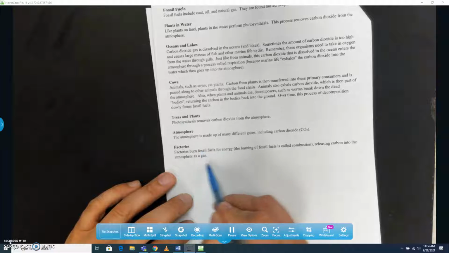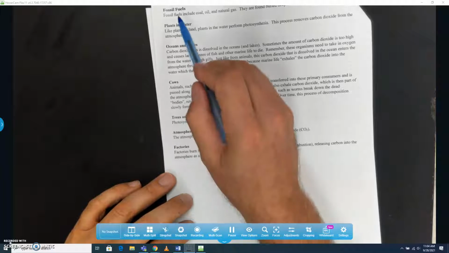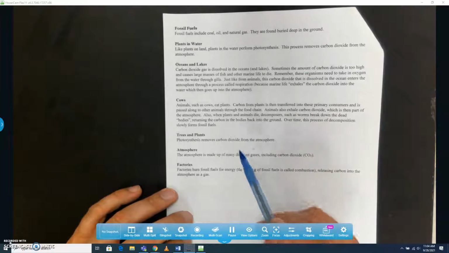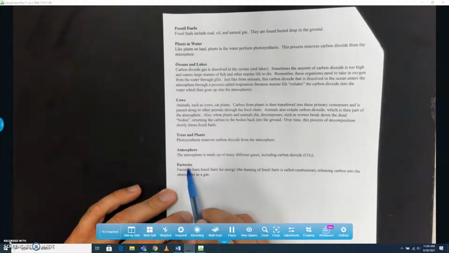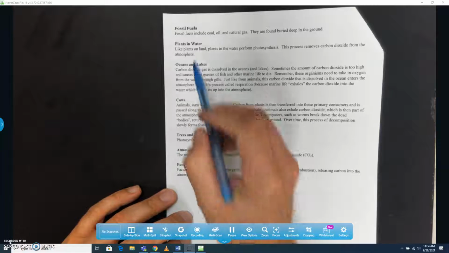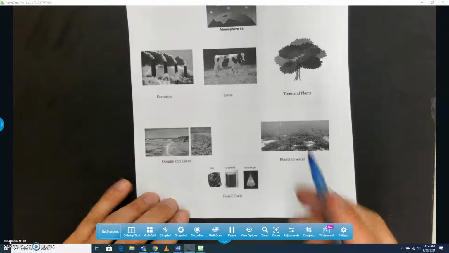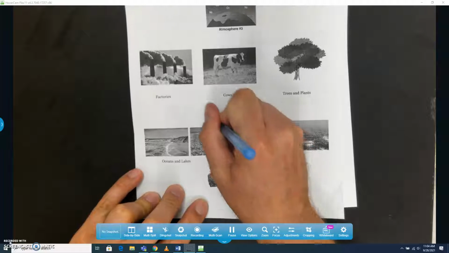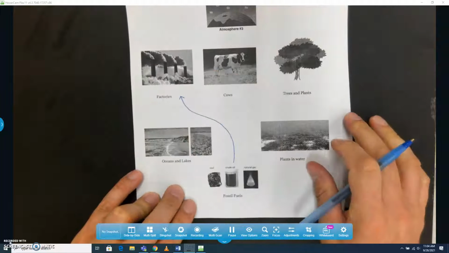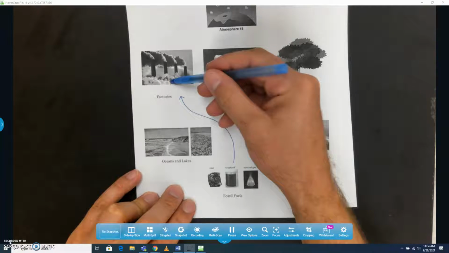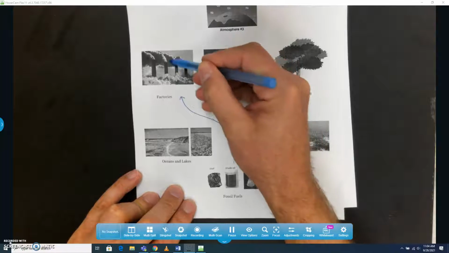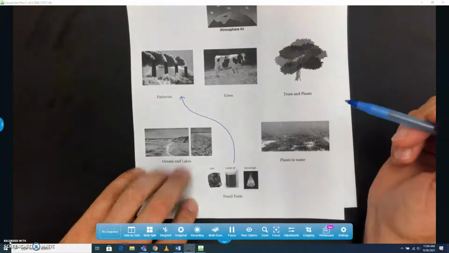That tells me a little bit about some arrows associated with fossil fuels, as well as the factories. The factories burn the fossil fuels, so the fossil fuels have to go to the factories. So on my front side here, I can draw an arrow from fossil fuels going to factories, because factories take these, burn them, and we have some of that going up in that smoke there.